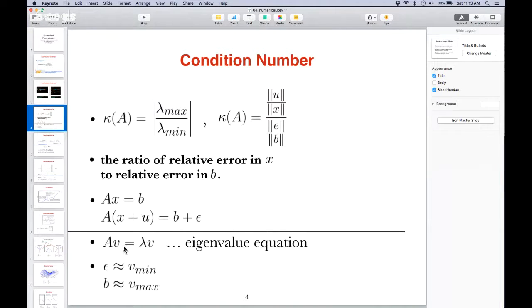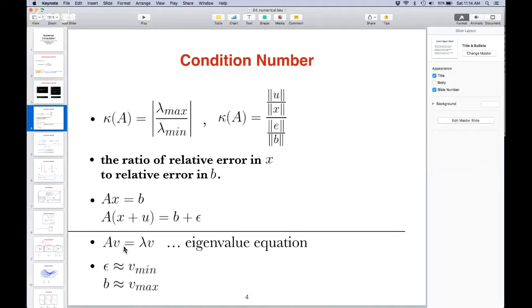So if the minimum eigenvalue is very small compared to the maximum eigenvalue, then you're going to run into a slew of problems, especially in numerical modeling, because no number on the computer will be described to its full extent.